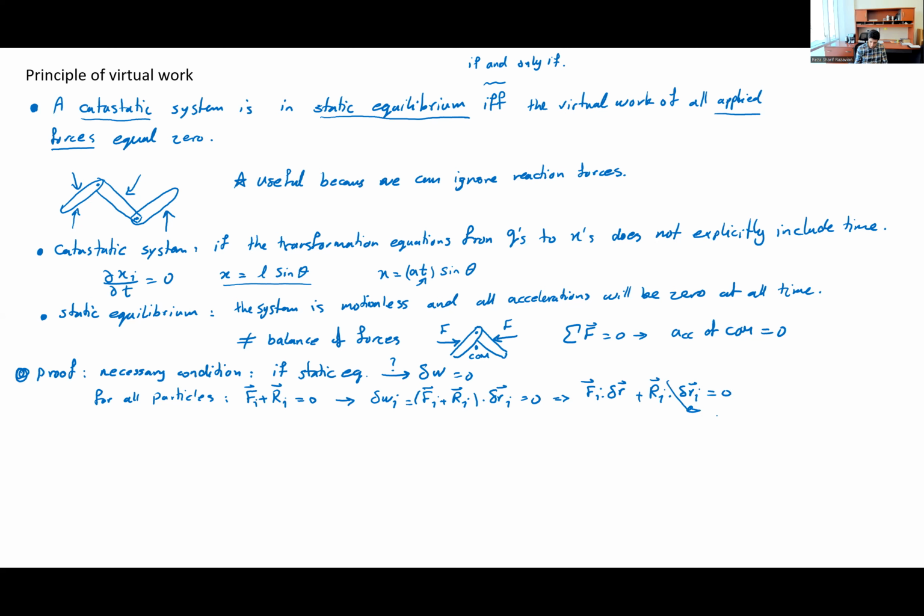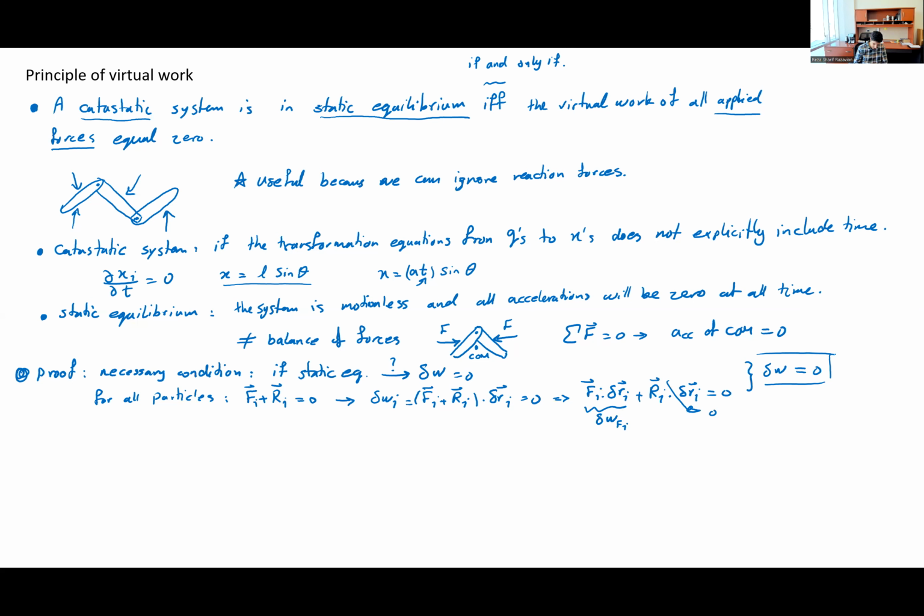And we knew from before that the virtual work of the reaction forces is 0 in these systems. So that means delta W of all forces, which is this term, delta W of Fi, is 0. Summing over them, we get that the virtual work of all applied forces has to be 0.